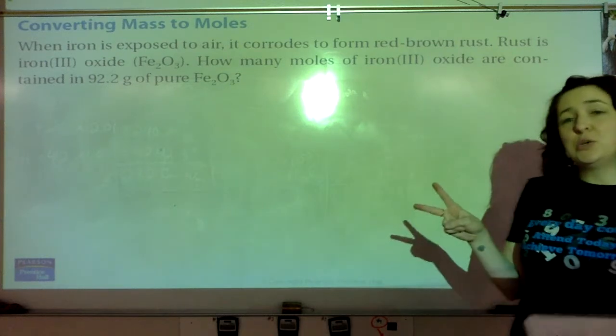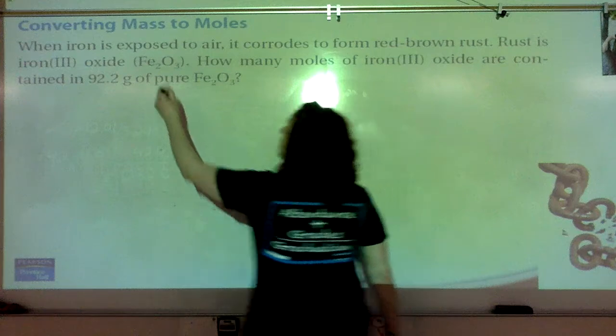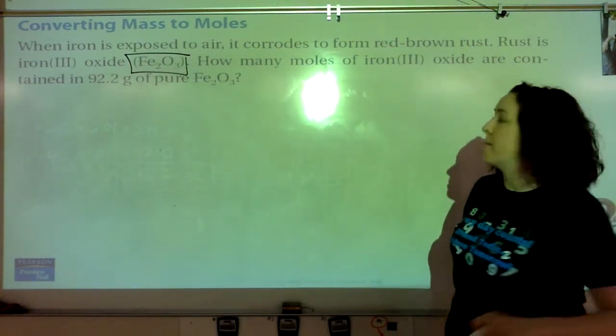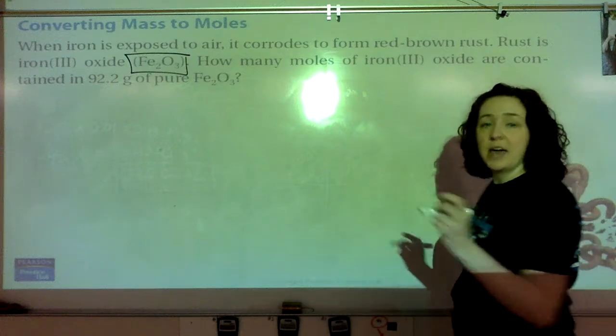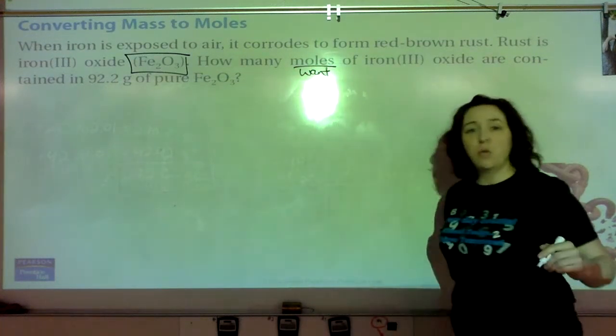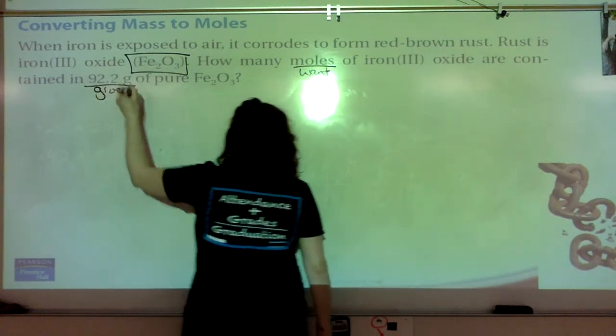Okay, again, in those first 2 sentences, there are just distractor sentences. The only thing we really care about is the formula for rust. And remember, I'm not always going to give you that. Okay, so this time it says how many moles. So that's what we want. We're given grams.